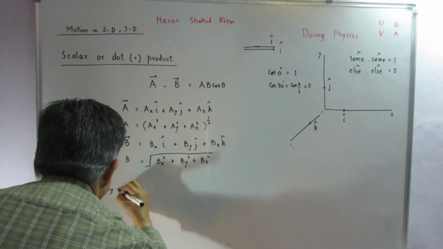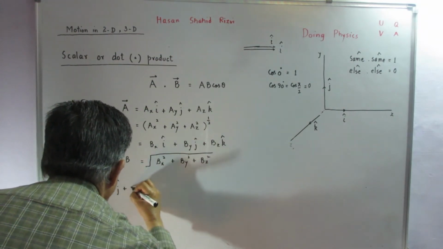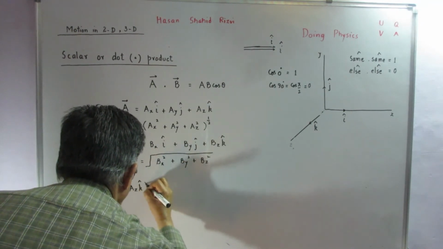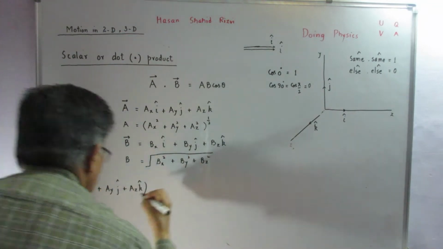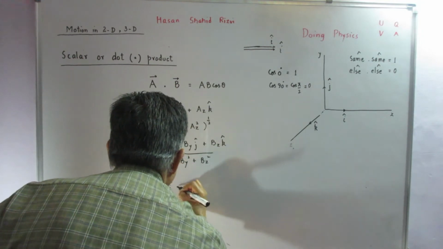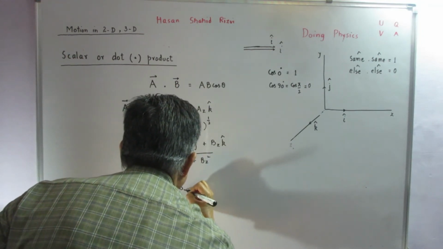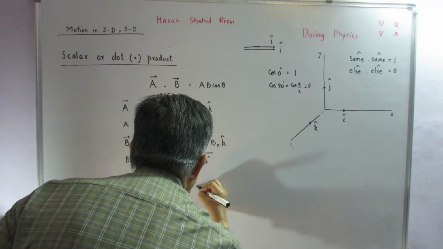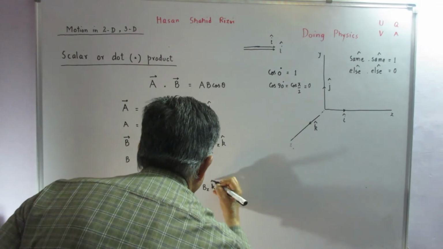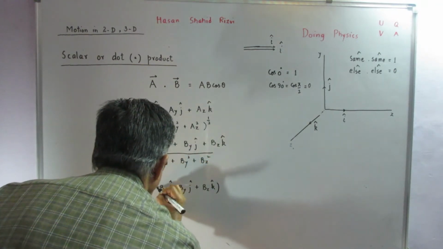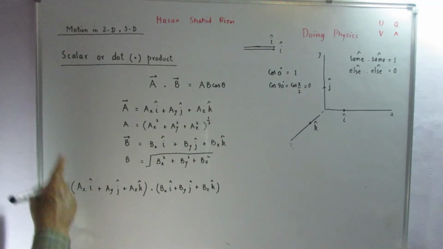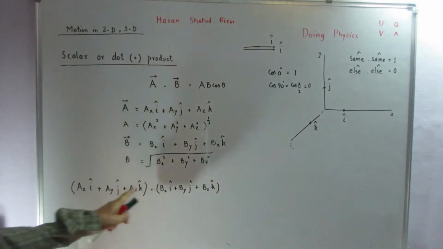Ax i cap plus Ay j cap plus Az k cap, this dot Bx i cap plus By j cap plus Bz k cap. Now these are two values which have to be multiplied, one term by another term.